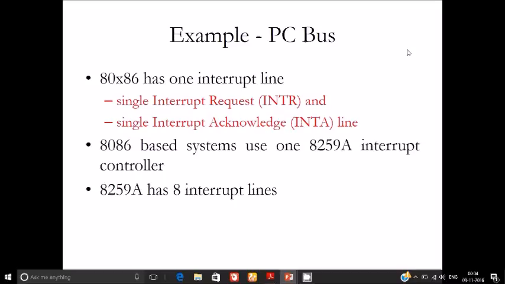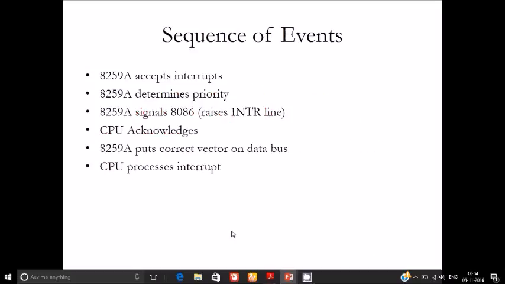As an example, we can consider the PC bus. Suppose the 8086 has one interrupt line, a single interrupt request INTR and a single interrupt acknowledge INTA, so it has two lines. An 8086 based system uses one 8259A interrupt controller, and this controller has 8 interrupt lines.